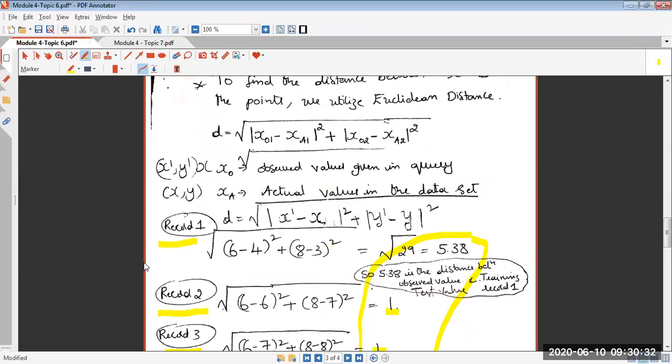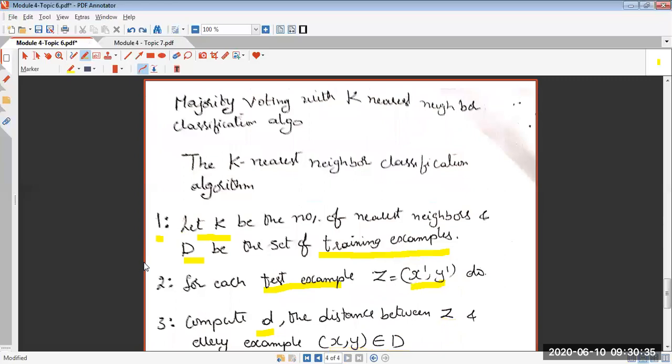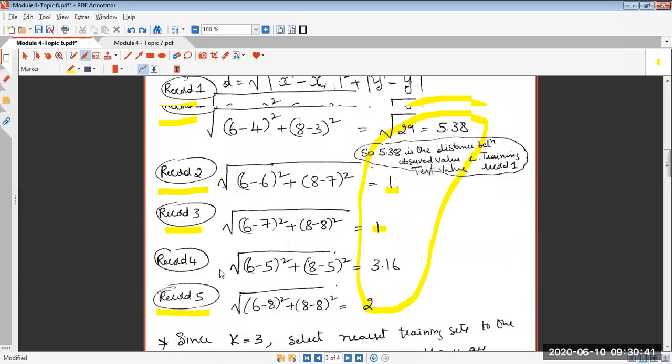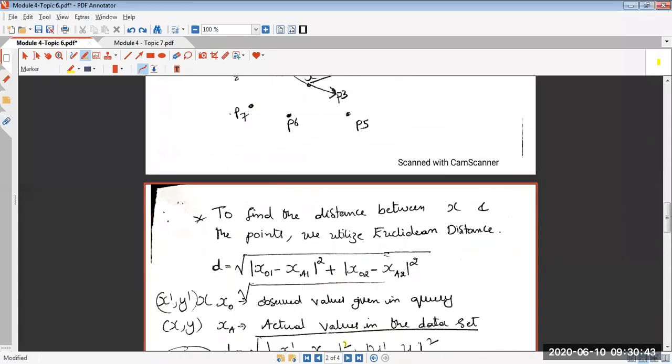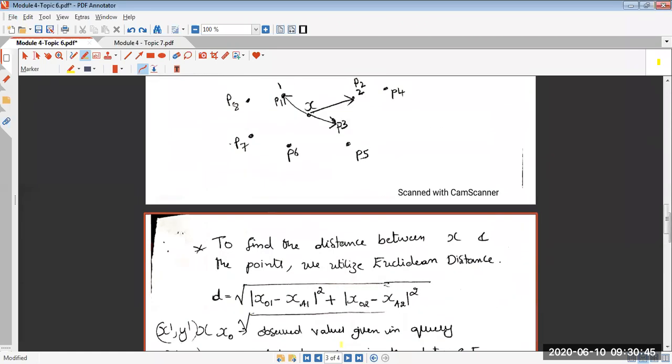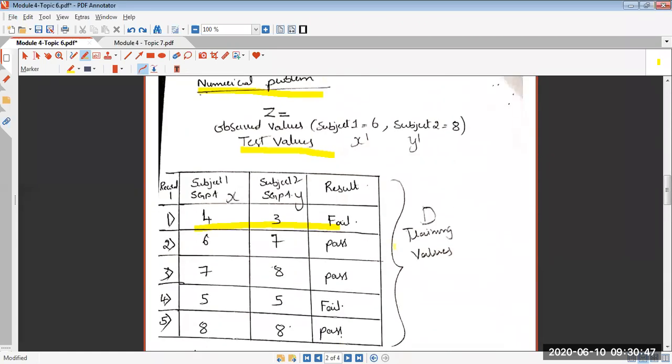So you see this situation. Things will be clear once again. What we did in this problem: we took this x dash, y dash and we computed the distance between this x dash, y dash and the first record.